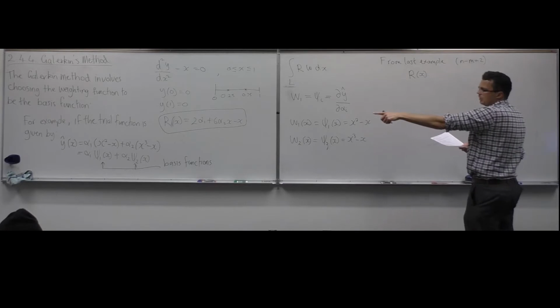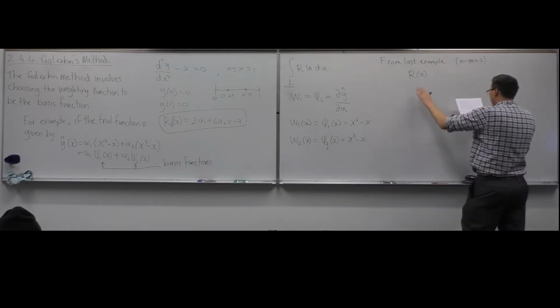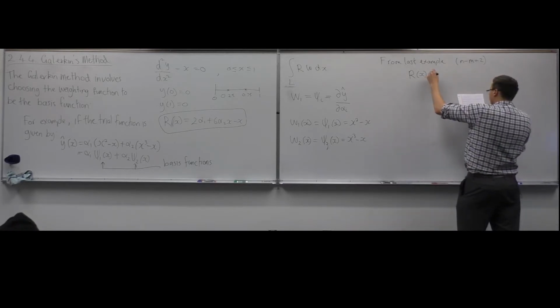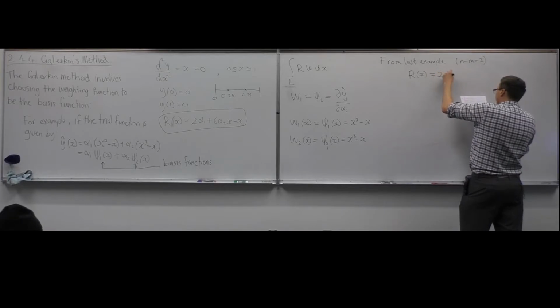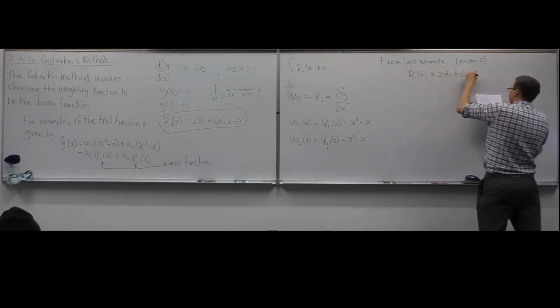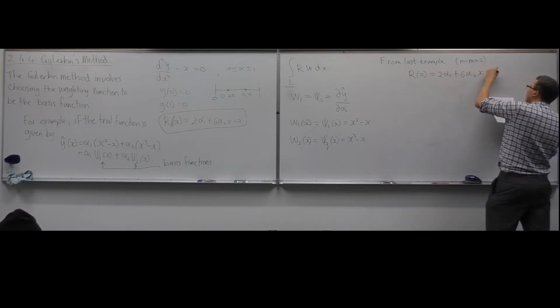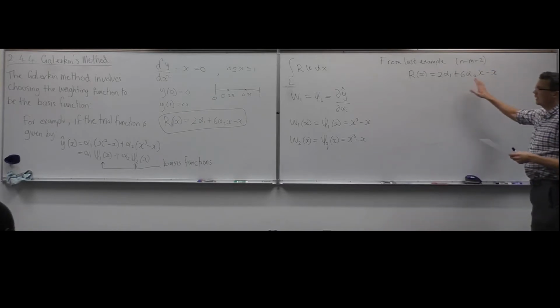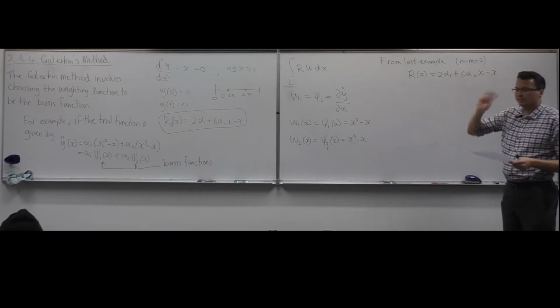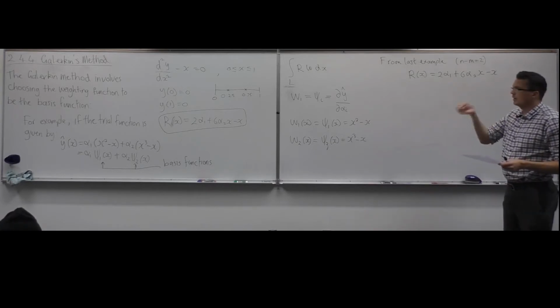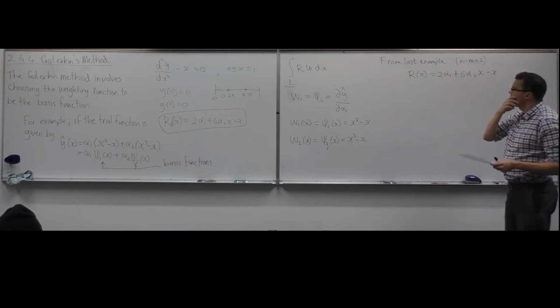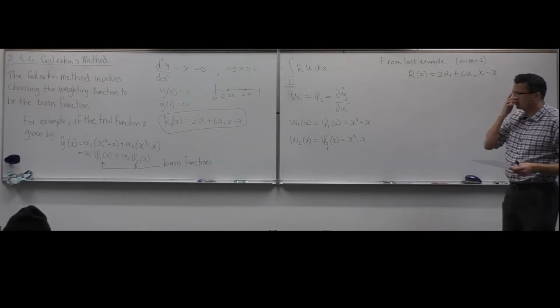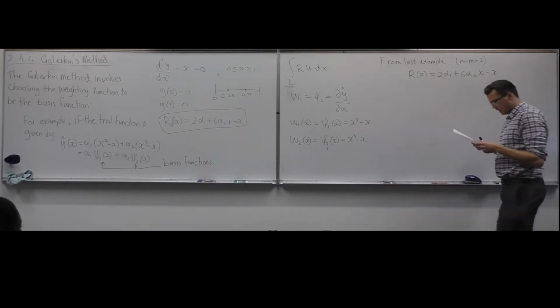So we've got two unknowns, alpha 1 and alpha 2, and we got that the residual for our problem was 2 alpha 1 plus 6 alpha 2 x minus x. So that hasn't changed. The only thing we're changing in these three different approaches is the weighting function. In this one, we're choosing the weighting function to equal the basis function.